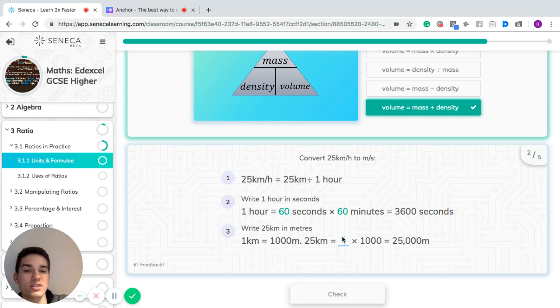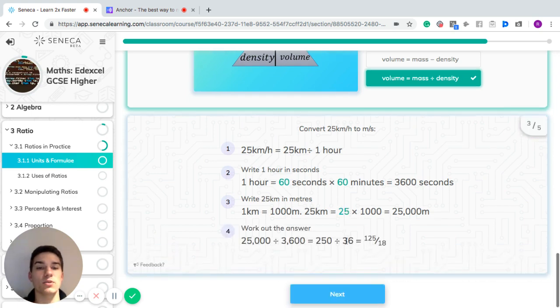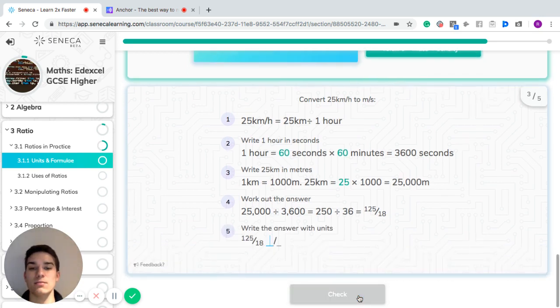Well, remember, 1 kilometre is 1,000 meters. So 25 kilometres is 25 times 1,000, which is 25,000 meters. Put in those values to work out the speed in meters per second. We've got 25,000 meters divided by 3,600 seconds, which gives us 125 over 18 meters per second.